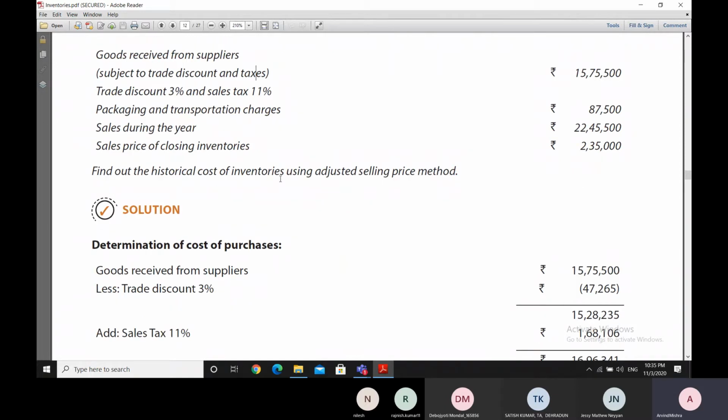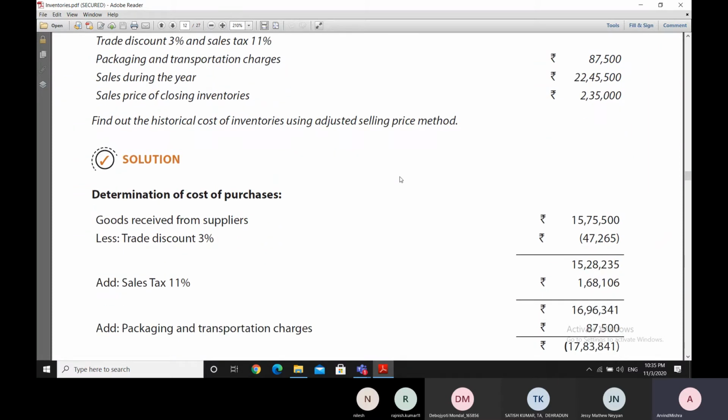So what we have to do is find out the historical cost of the inventories using the adjusted selling price method. We are not going to use a historical method. We are going to use the non-historical method, which is the adjusted selling price method. So in the adjusted selling price method, first of all, we take the goods received from the suppliers.